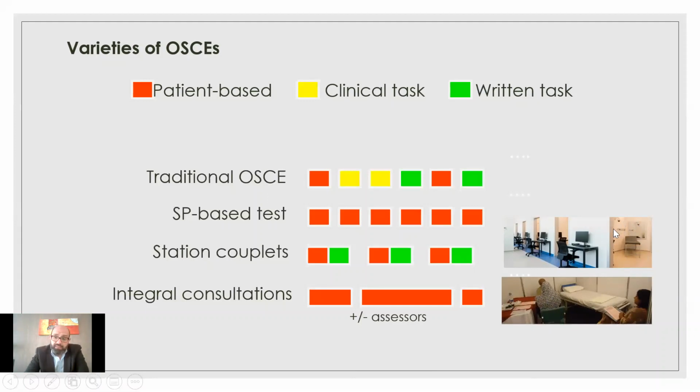In some centers, you have only the candidate and the standardized patient in the room, and it is video recorded, and the assessor is in another room, or he can look at the recording afterwards and evaluate your performance accordingly. This will decrease the level of anxiety of the candidates and improve their performance.